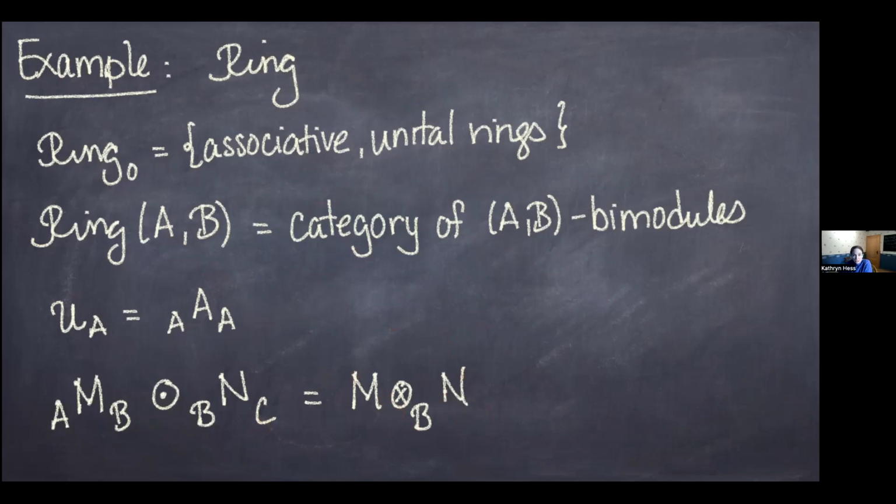There's a question in the chat. Let me just see. Do I mean for these morphisms to be in the opposite directions? No, I don't, Doug. I'm thinking here about this: this is an AB bimodule, and I'm really thinking about it as a morphism from A to B. Okay.